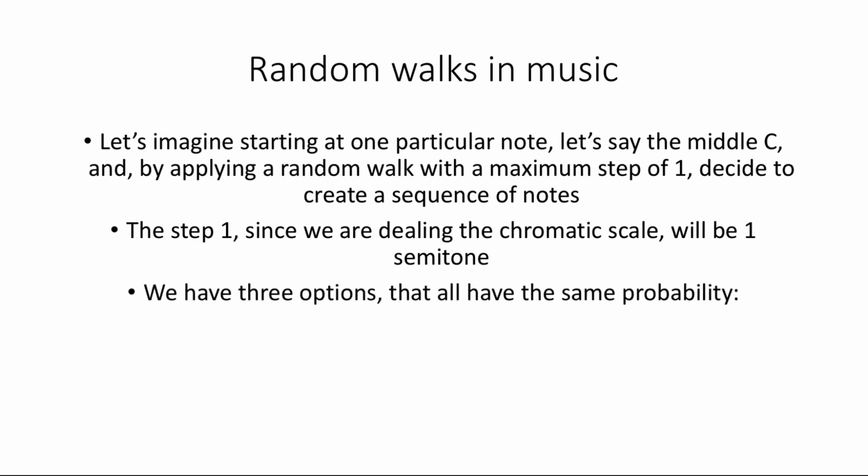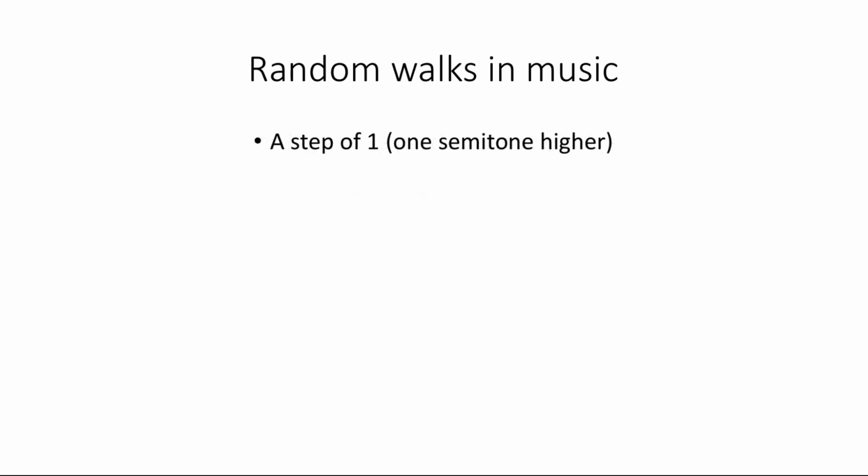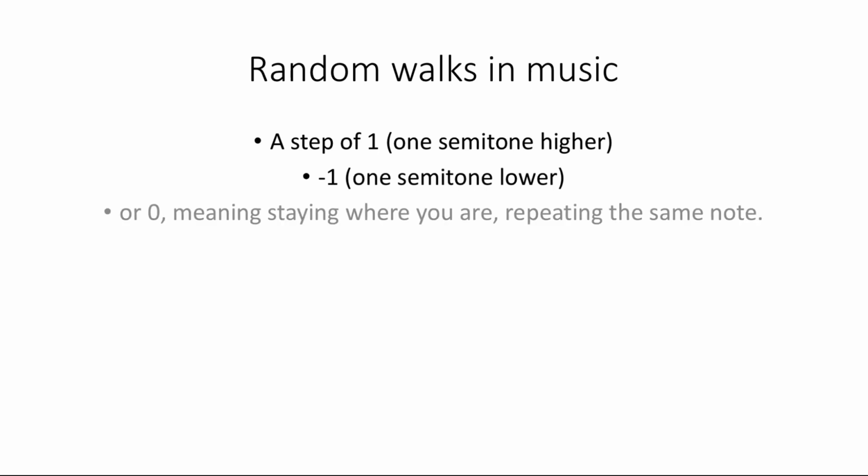So, by beginning at C, we have 3 options that all have the same probability. A step of 1 semitone higher, of -1, 1 semitone lower, or 0, meaning staying where you are, so repeating the same note.